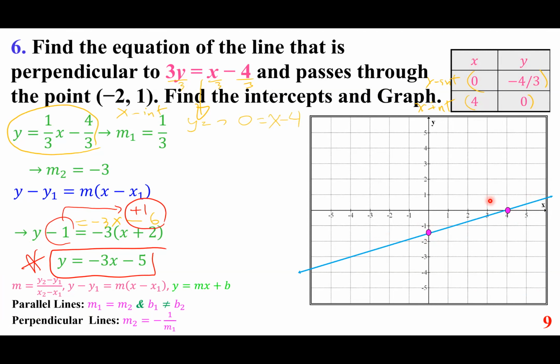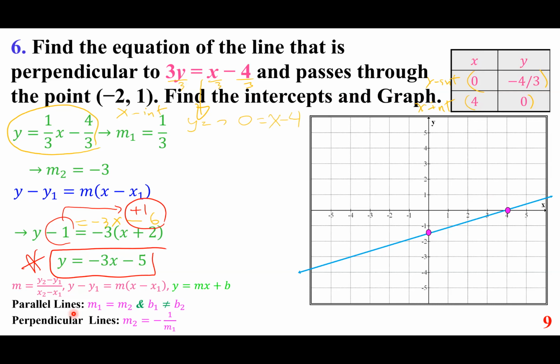What is the line perpendicular to that? Well, this is the line. We already have the y-intercept located at 0, -5. So the y-intercept is given as 0, -5. What is the x-intercept?